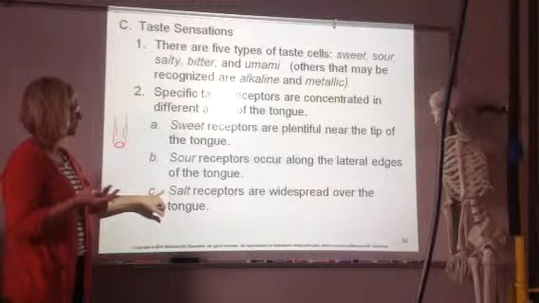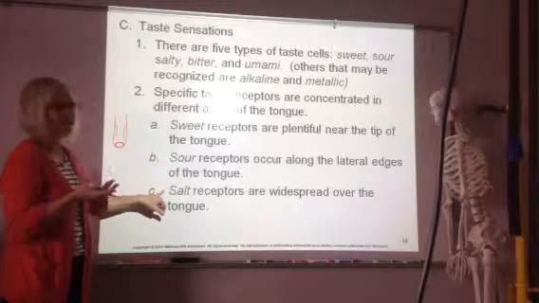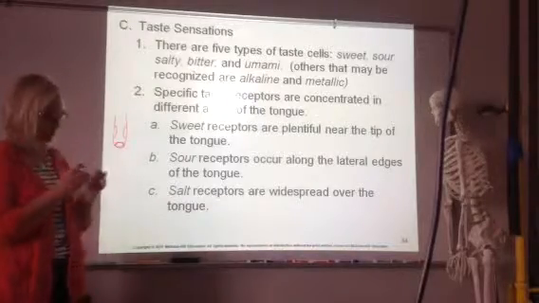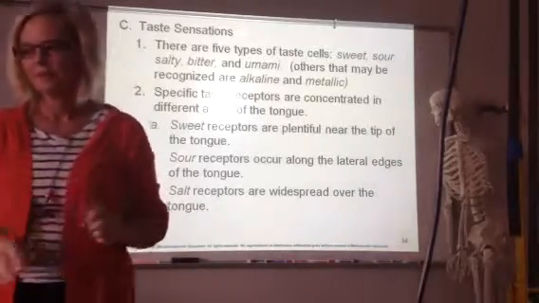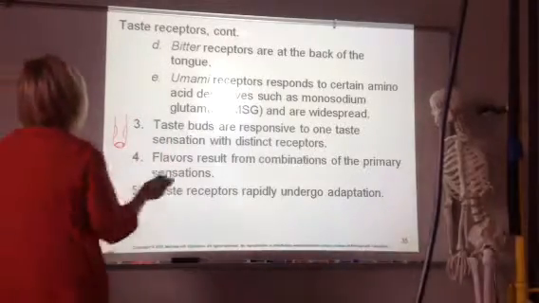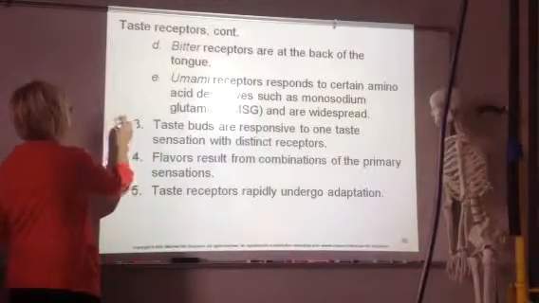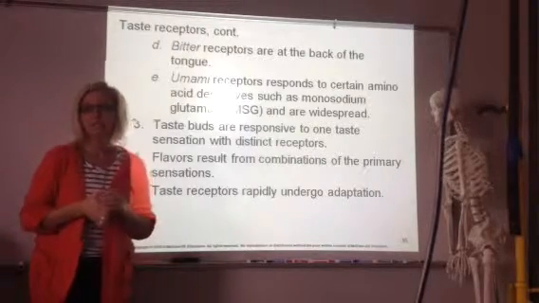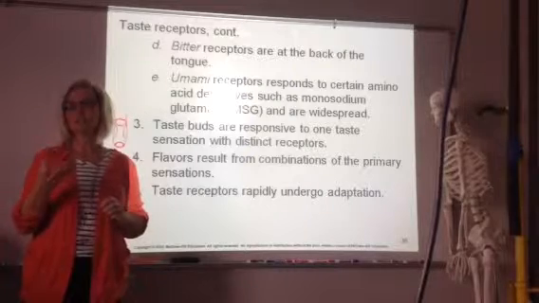Salt receptors are probably the most widely spread. They aren't quite as concentrated in one specific area. Bitter receptors are towards the back of your tongue. If you've ever gotten in trouble, bitter would be like soap.